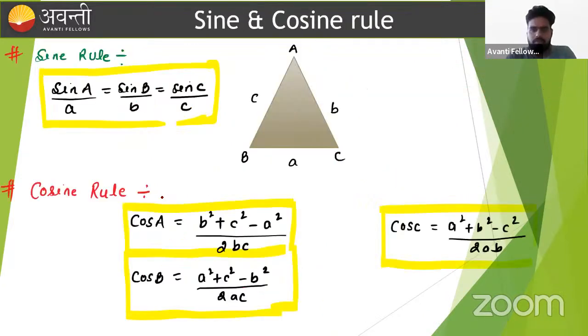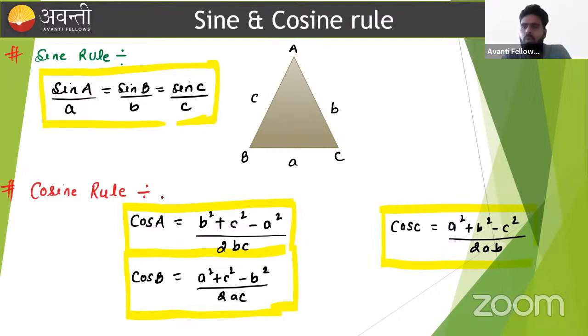Okay, here there are two types of rule that we have to understand. One is the sine rule and the other is the cosine rule. Sometimes they help to find different types of values where we can't find a direct value. First of all, why does trigonometry come into the picture? Trigonometry comes into the picture to relate sides and angles.